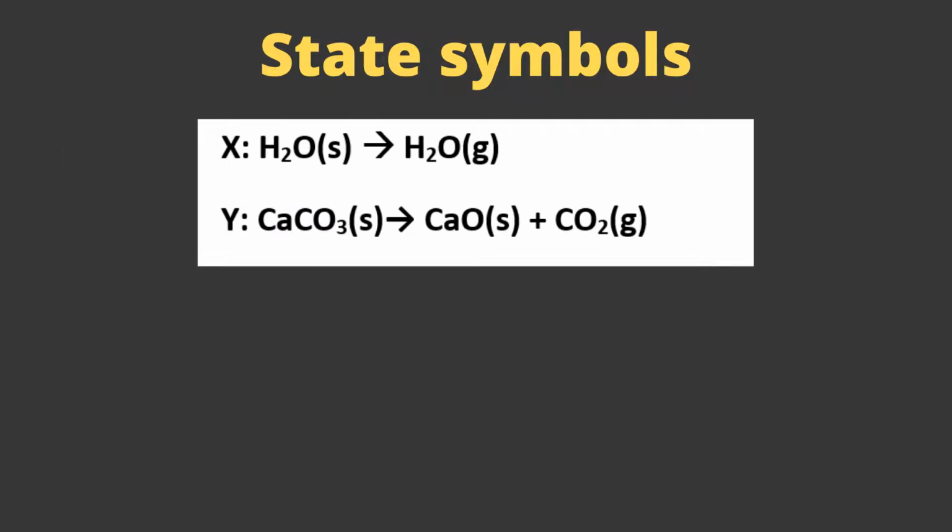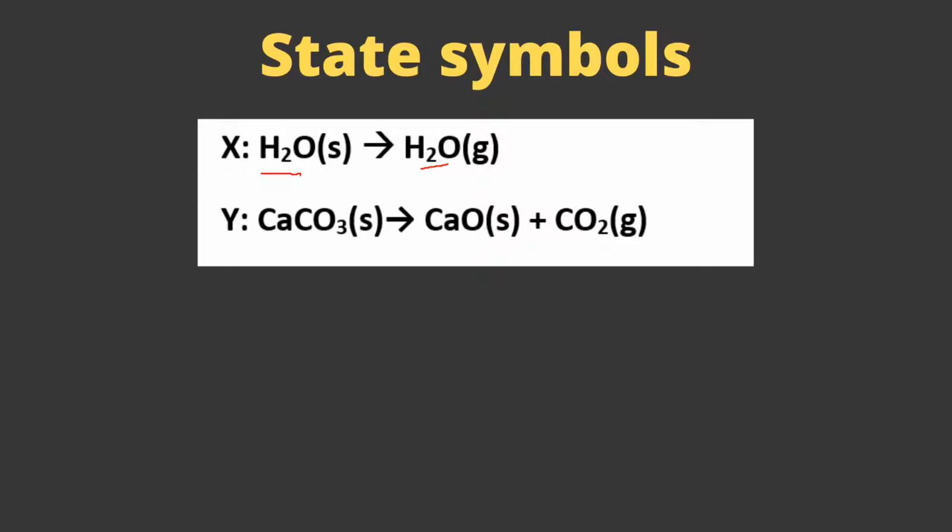Normally, to show state symbols, you would find chemical equations like this one, where you have water, and to show that it's in a solid form, they put the S in parentheses, right? The arrow and then the product, it's still the same water that is now in a gas form. So this is a physical reaction because the only thing that has changed is the form.